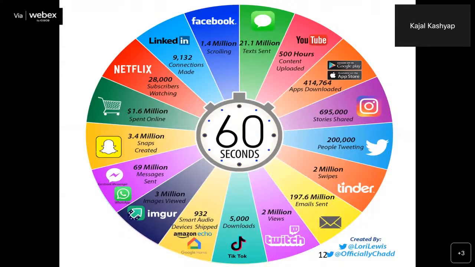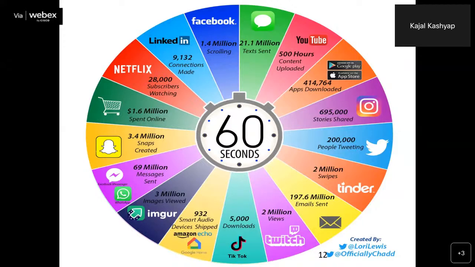Here you can see a very interesting chart. This is a chart related to social media. It shows how many people are using social media in just 60 seconds. If you see the numbers, for Facebook we have 1.4 million people scrolling in just 60 seconds. And 69 million messages are sent over Facebook Messenger and WhatsApp, which is also very huge data. And here you can see Netflix.